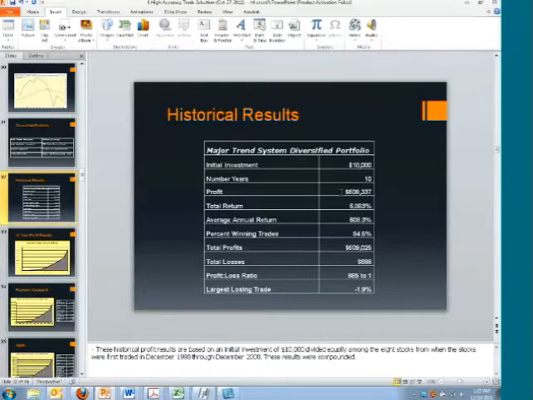So that's why over this 10-year period, this system was able to produce such big profits, because it also profits from the short side. So a $10,000 investment produced a $608,000 profit, which is over 6,000% return. So it's performed very well.